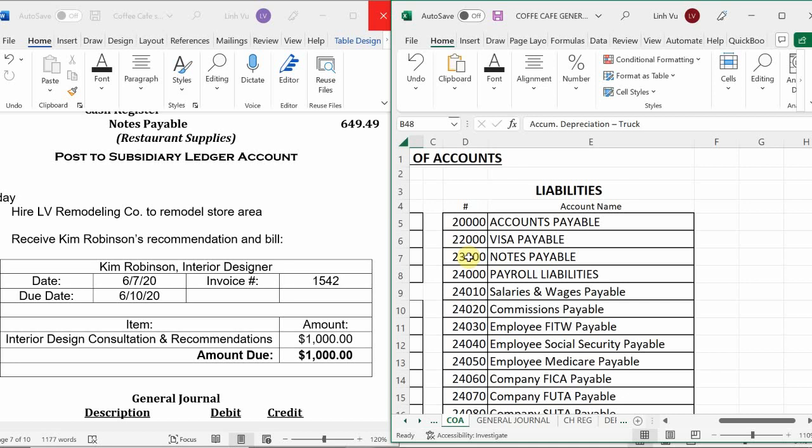Well, from the 7th to the 10th, that's 3 days. You only have 3 days to pay it, so it's an accounts payable for sure. Now, if I'm going to be owing this amount, what am I coding this interior design consultation as? What am I going to code that as?